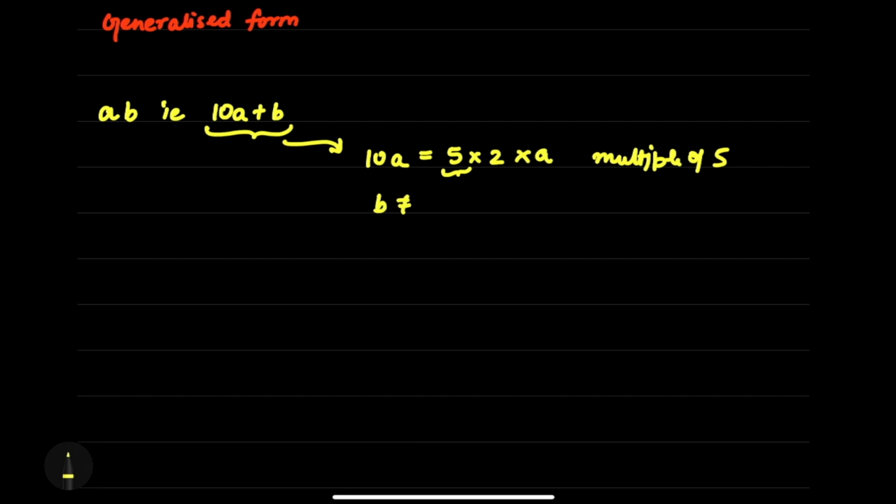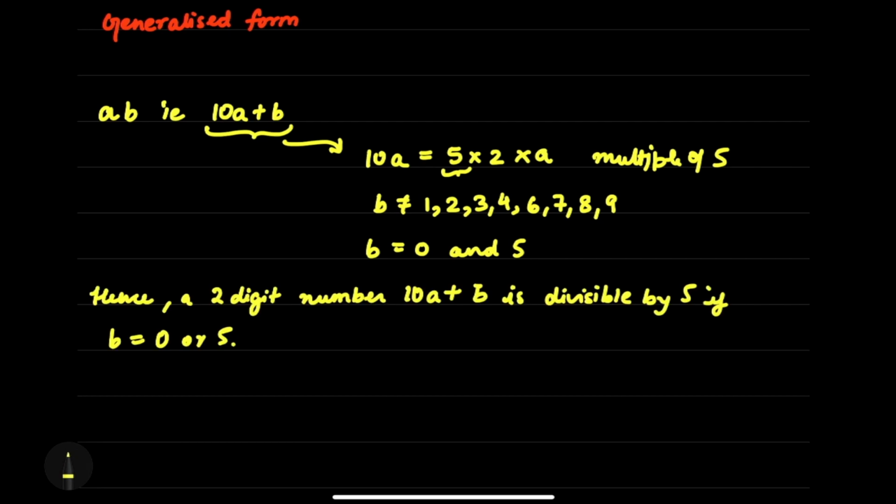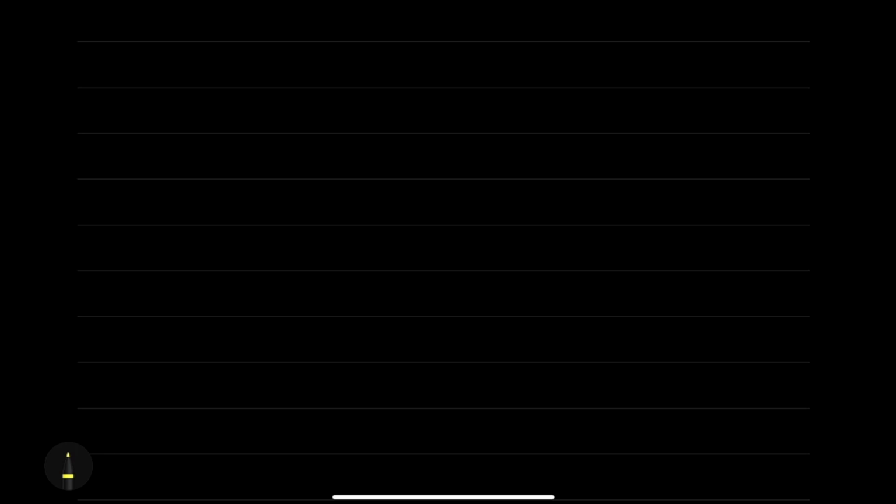It can't be a multiple of 5 if it is 1, 2, 3, 4, 6, 7, 8, or 9. It can only be 0 or 5, which will be counted as multiples of 5 in the sense of whole numbers. So again, we can say that a 2-digit number 10A plus B will only be divisible by 5 if B is equal to 0 or 5. Let's look at the generalized form of a 3-digit number, ABC.